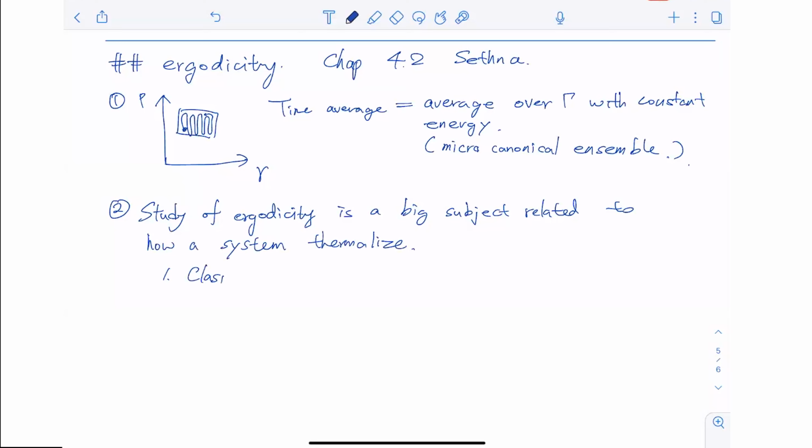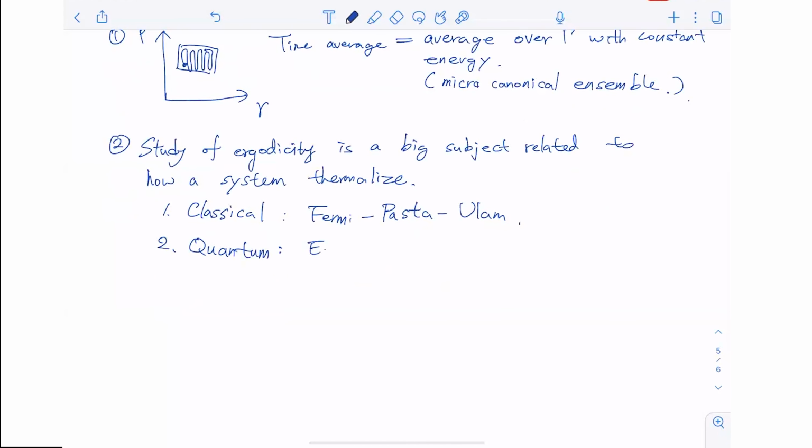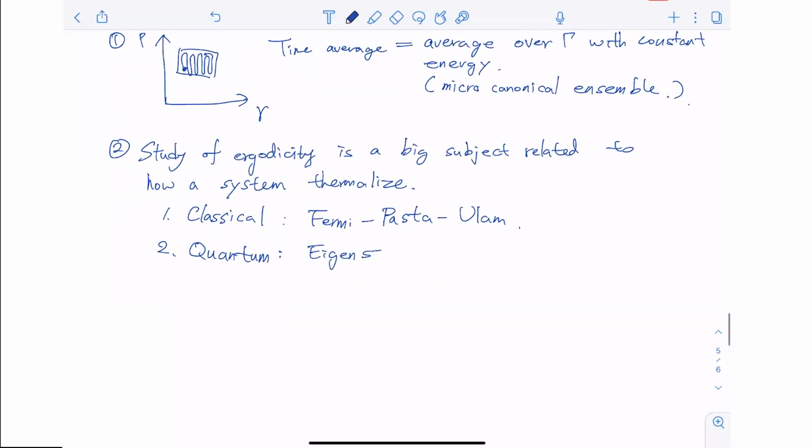It is a problem that is very interesting at the classical level. There are some important works by Fermi, Pasta, and Ulam. And also at the quantum level, it is related to something called eigenstate thermalization.